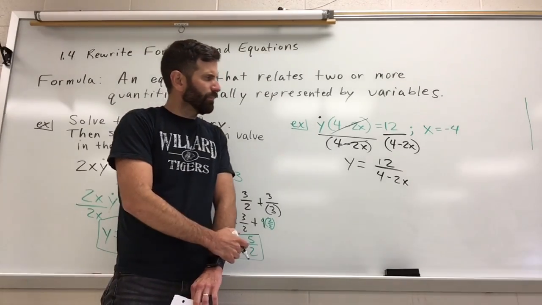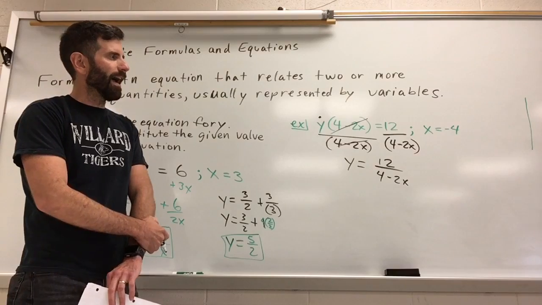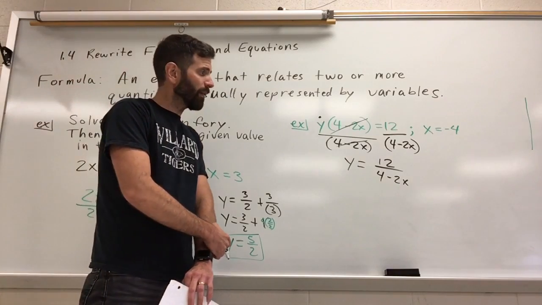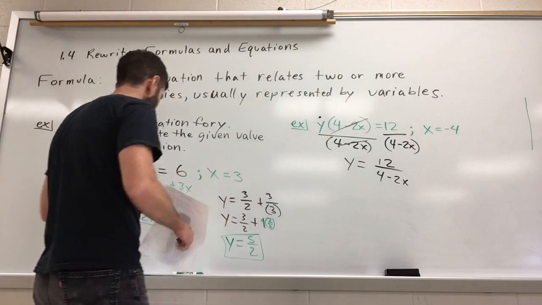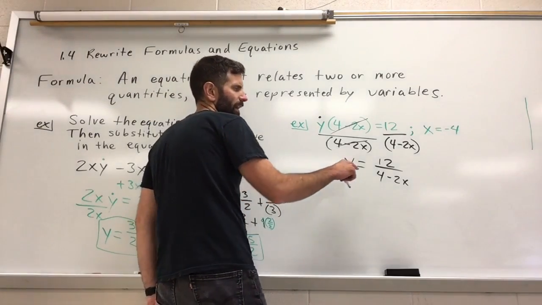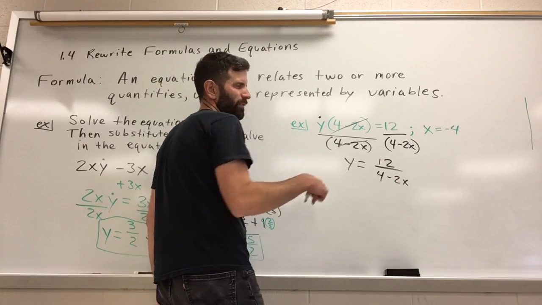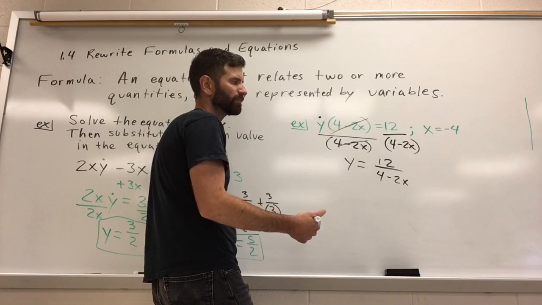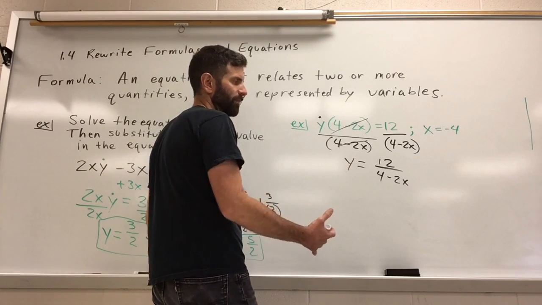Now class, you could actually simplify this some more. I'm not really concerned about that right now, but I do want to show you that you could take this further. Do you see how 12, 4, and 2, they're all divisible by 2? When that situation happens, you can simplify the fraction.